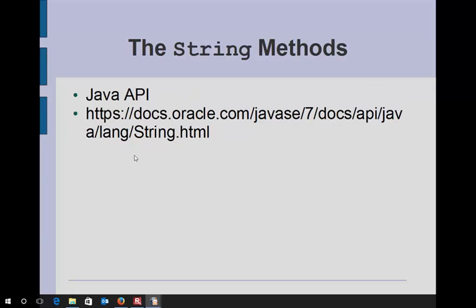Okay. Now where can we get more information about the String class and its methods? We can go to this website, and I will show you what that page looks like and what kind of information is available in just a minute.